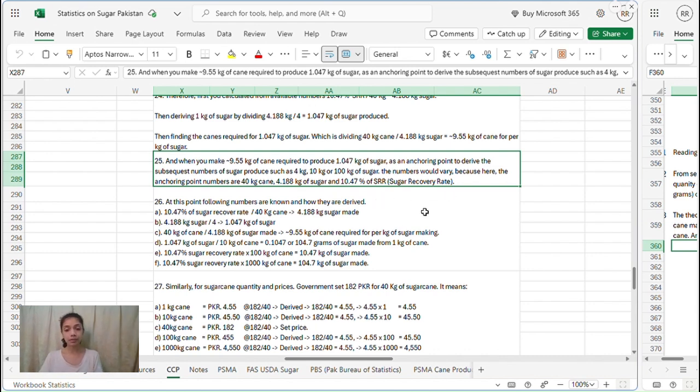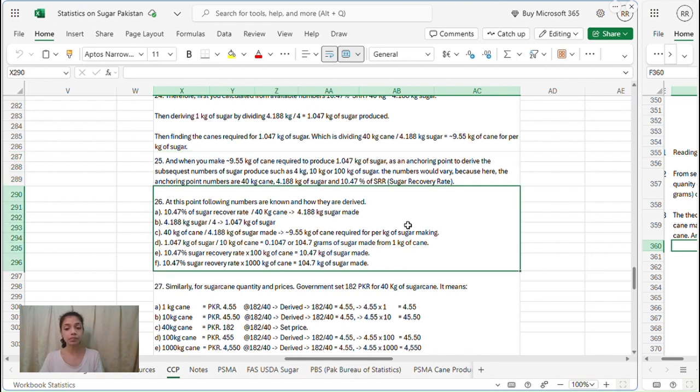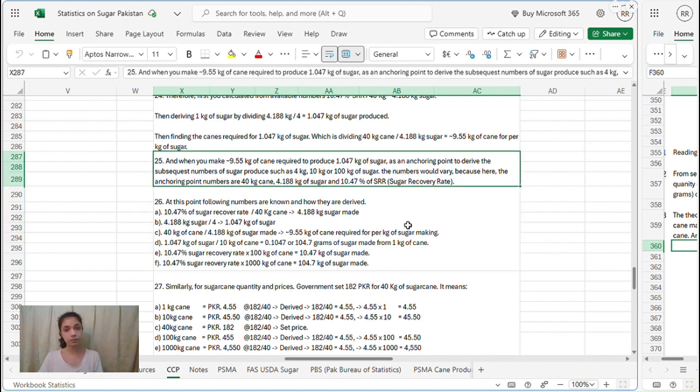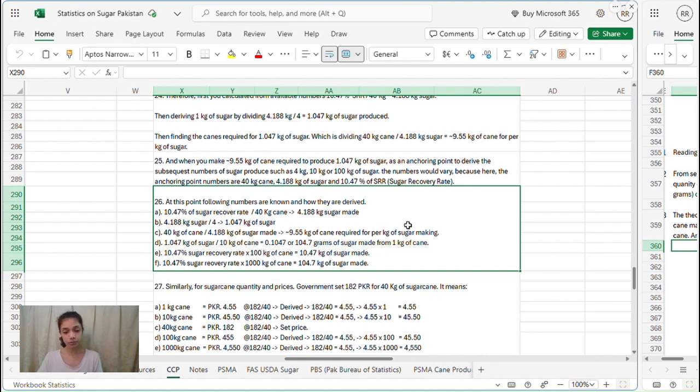And why would that be incorrect? These numbers are correct, but the way we are deriving the per kg sugar cane that is required for producing per kg of sugar in quantity is not. So why that would be incorrect, we are going to discuss in point 29.